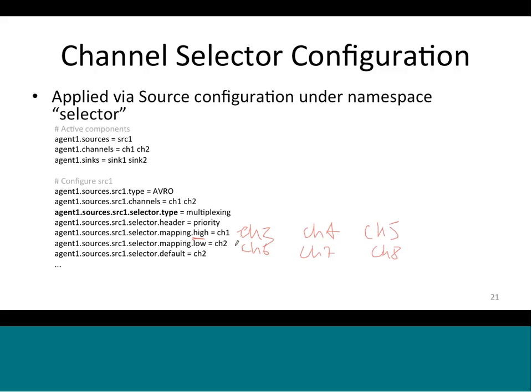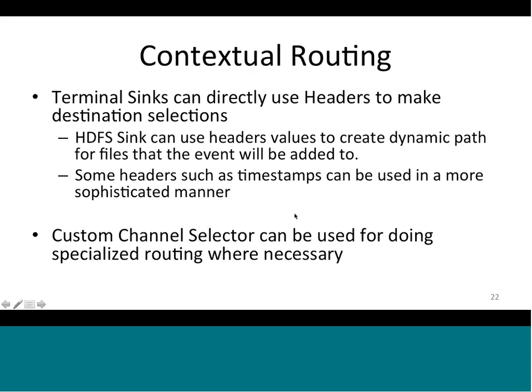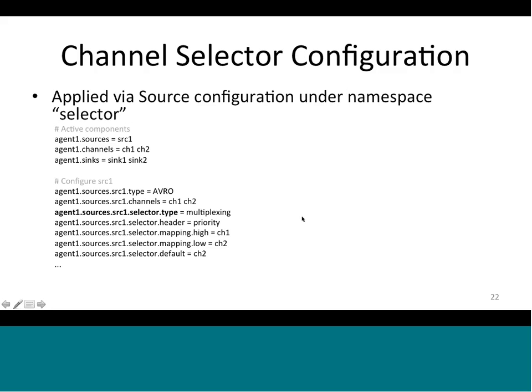I can do that. So now anything with a high value is going to be replicated to all these channels. So I just have to add the channel names there. That will take care of it.